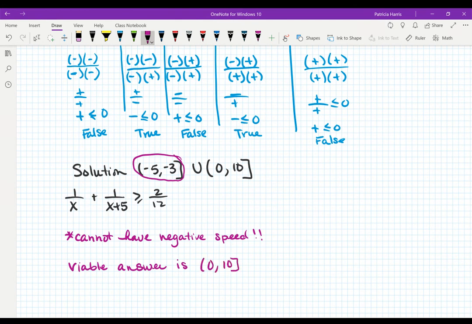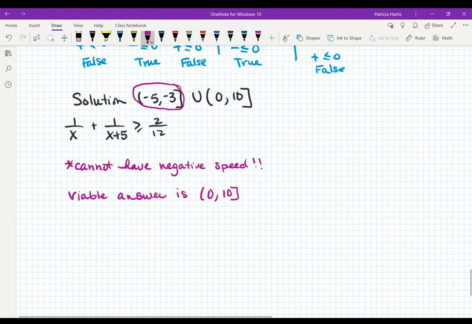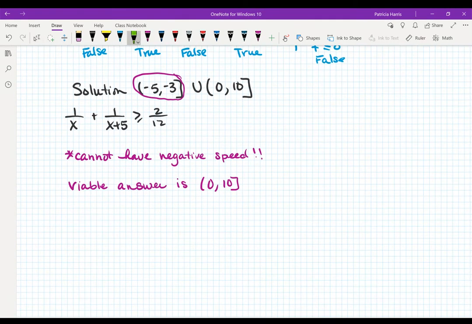Okay, so what I'm going to do now is I'm going to test it. I'm going to see if it works. So let's test. Let's say on that particular day of work, I bike my x is between 0 and 10. So let's call it 8. Let's see if I get an average speed. So that would be 1 over 8 plus 1 over 13.